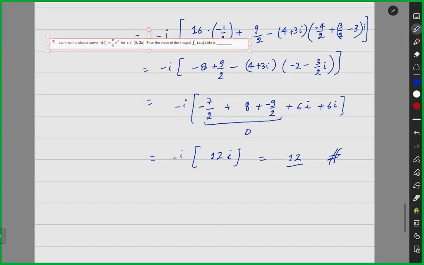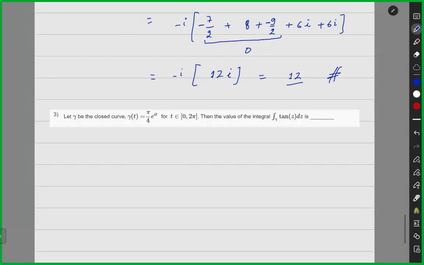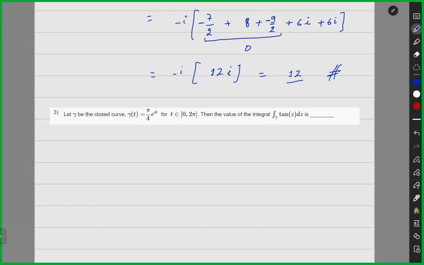Fine. So here we have gamma, a closed curve, which is a circle of radius pi by 4, and the integral of tan z by 4.